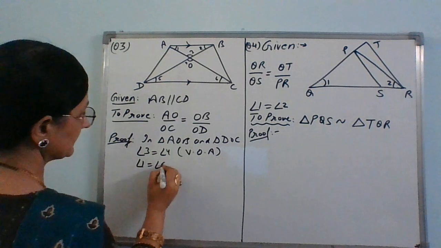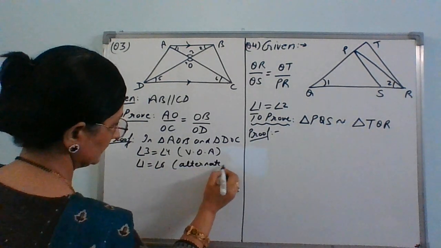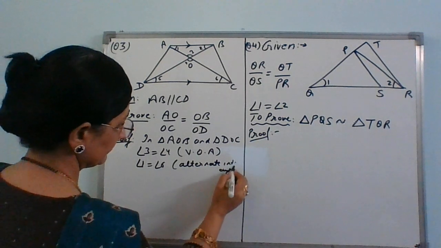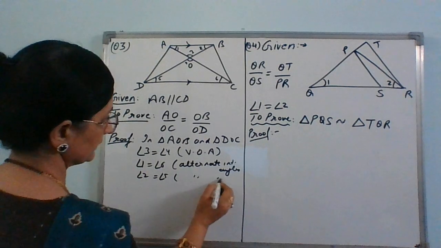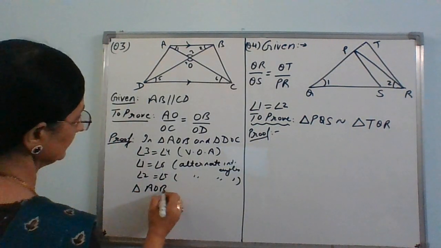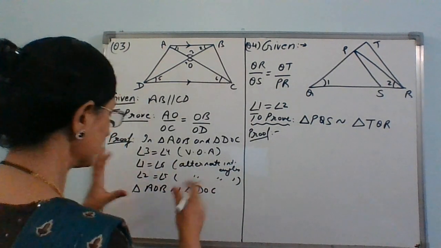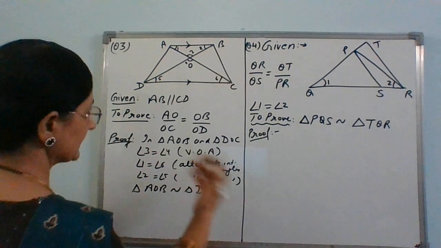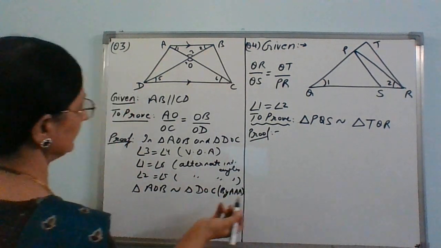Angle 1 is equal to angle 6, alternate interior angles, right? And here 2 is equal to 5, same, alternate interior angles. So triangle AOB is similar to triangle DOC. When all three angles are equal, the triangles are similar by AAA criteria, right?